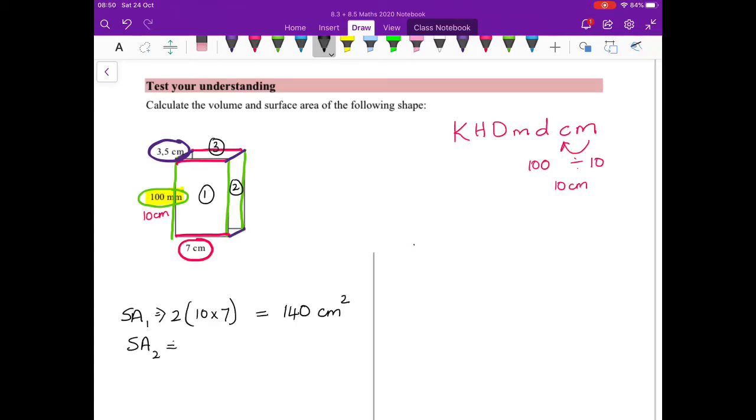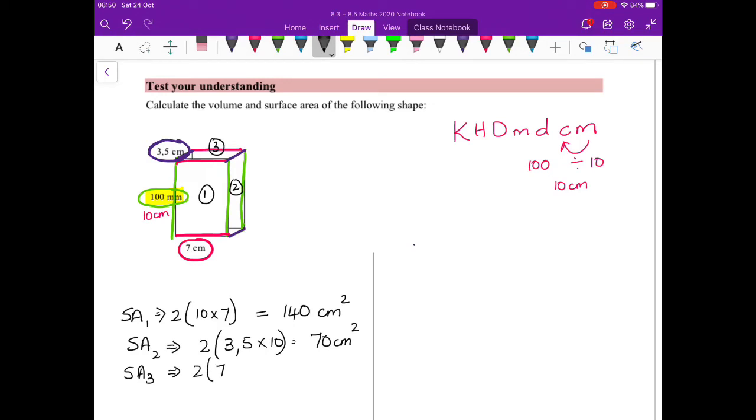Let's look at surface area 2. Again, I have two identical faces, and that is going to be 3,5 multiplied by 10, and that would equal 70 centimeters squared. And finally, surface area 3, I have two identical faces.